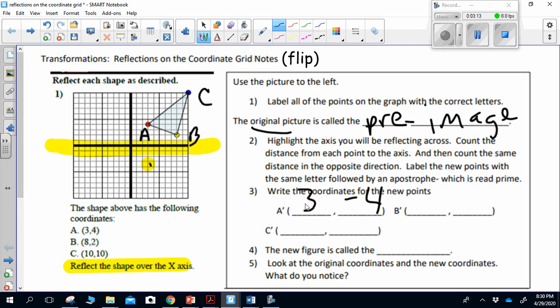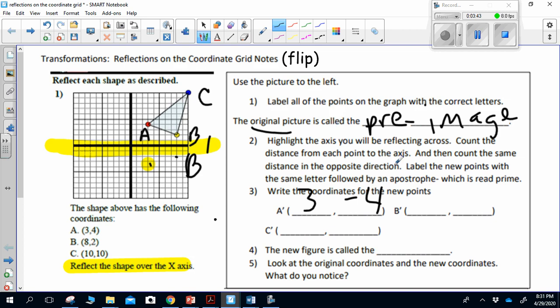Right, now we're going to do B prime. So I'm going to start at my origin. I'm going to count out 8, and then I'm going to count up 2. That's where B is. So B prime, because I'm reflecting across the x-axis, I'm going to count out 8, and I'm going to go down 2. And that's going to be B prime right there. So let's put that right here. The way that I write that is I write the letter B with my little apostrophe.